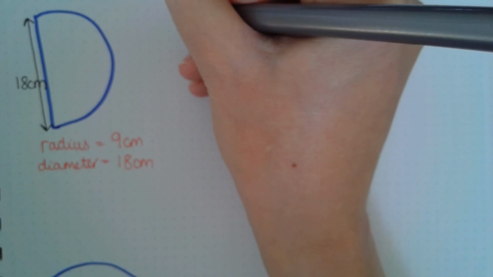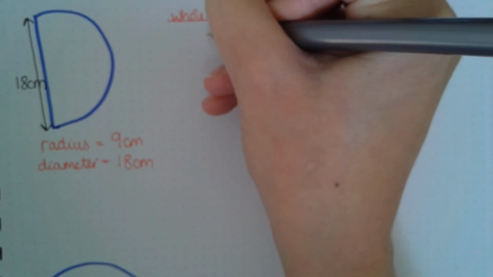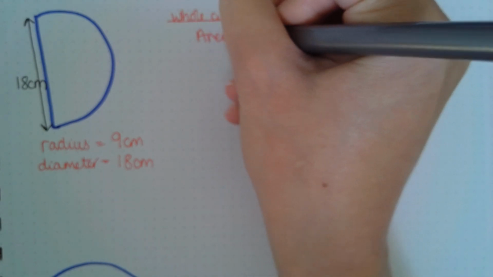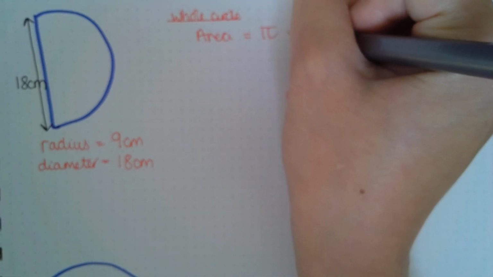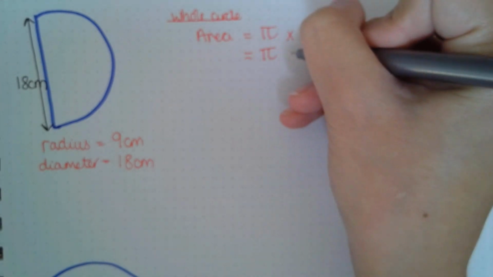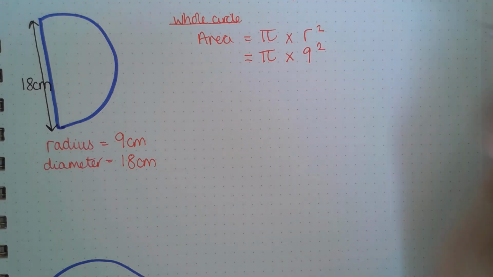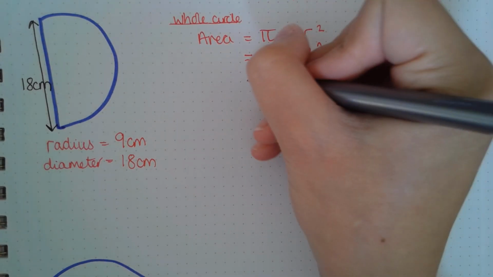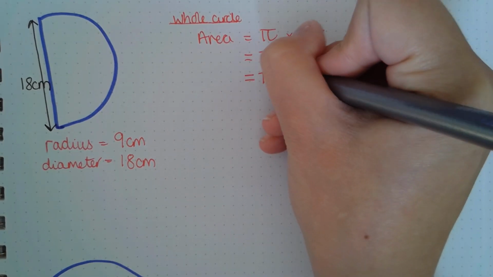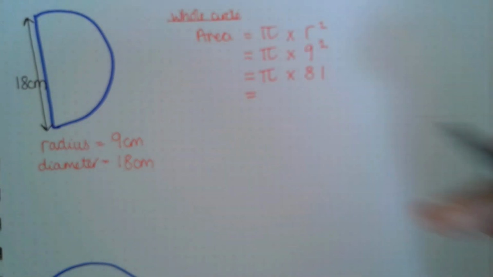So the whole circle, the area is pi times r squared. Pi stays the same, times r is 9, and we're squaring that. 9 squared is 81, 9 times 9, and we can put that in our calculator.